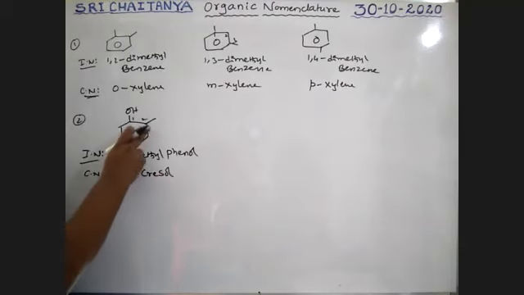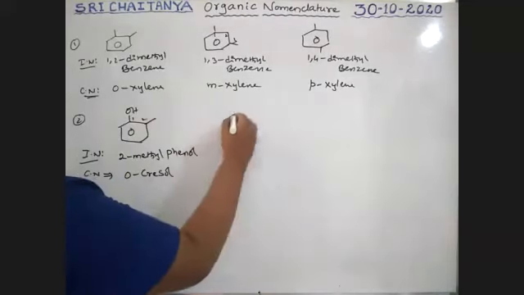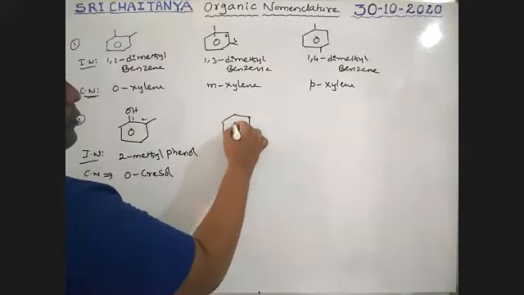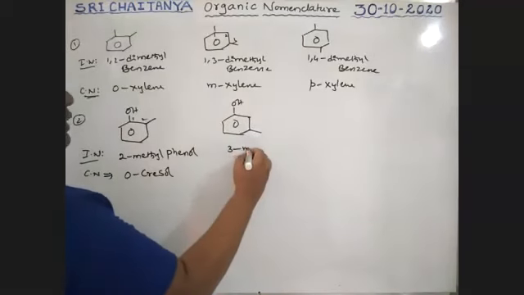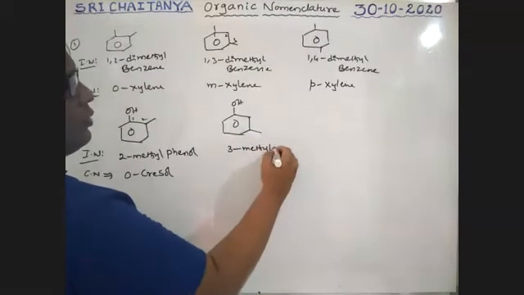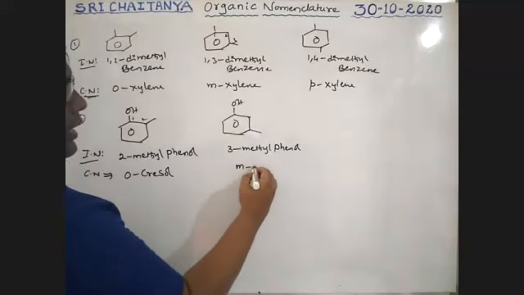Cresol is the name when a methyl group and OH are attached to benzene. Side by side, orthocresol, with the methyl group at the ortho position. If the methyl group is at position 3, this is 3-methylphenol, so it is metacresol.